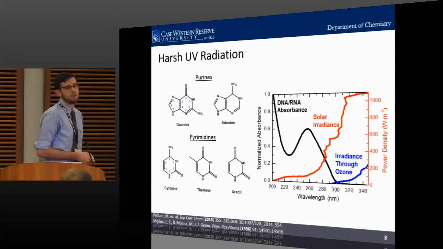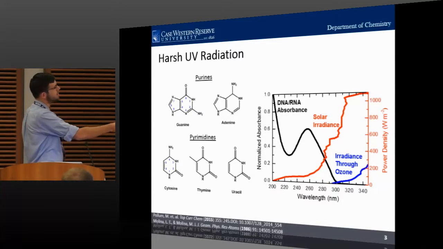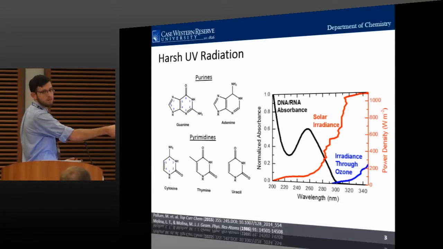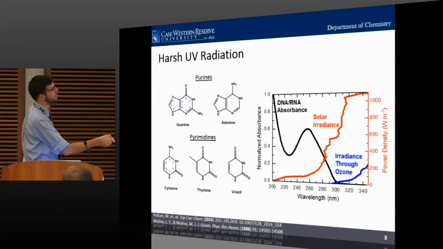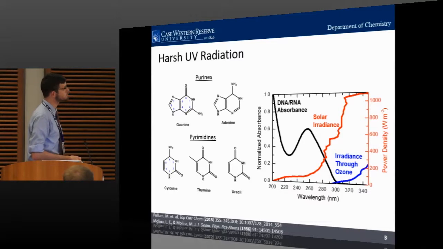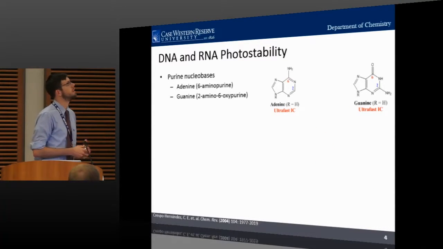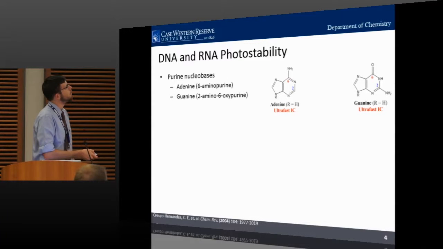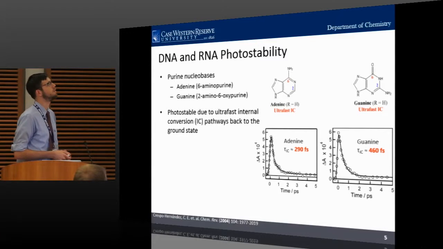So this is important because all of the canonical DNA bases absorb in this UVB, UVC region where we're essentially protected by the ozone layer, but under solar irradiance would not be. So we decided to focus in this study on the purine family of nucleobases, specifically adenine and guanine, and these two bases are shown to be very photostable.